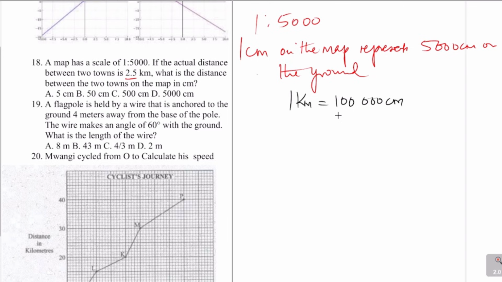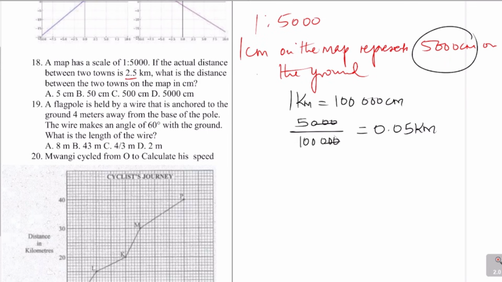So take 5,000 and divide by 100,000, and this will give 0.05 kilometers. Therefore, 1 centimeter on the map now represents 0.05 kilometers on the ground.